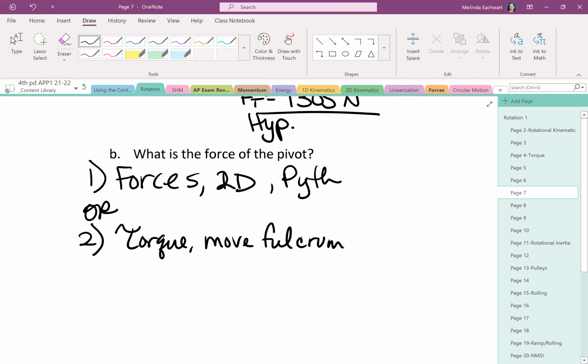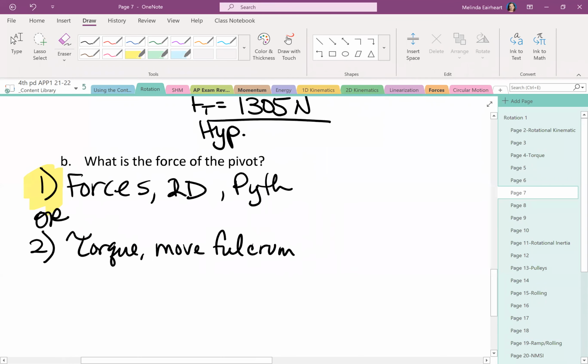And they both have their own level of simplicity and or complexity. Somebody vote. Oh, option 1. Okay. I thought you were like, wait for the answer, wait for it. Okay, number 1. And so if you want, you can try to move the fulcrum to one of the other places, solve for your unknown torque from the pivot, take into account direction and such, but we'll use forces.